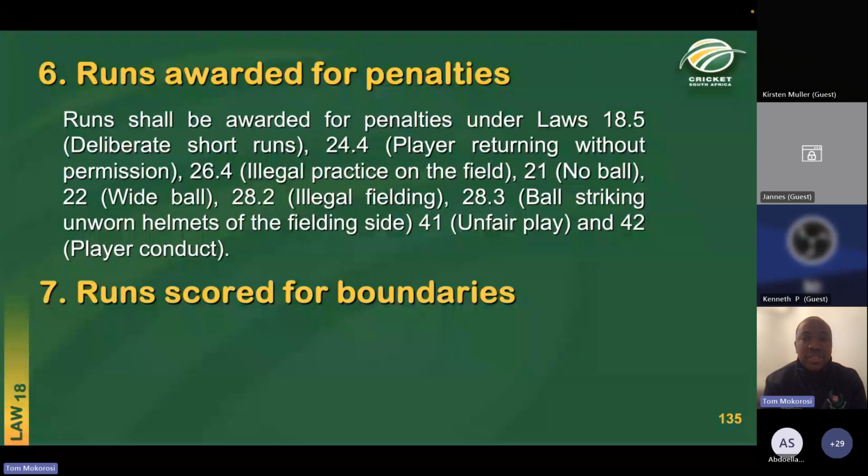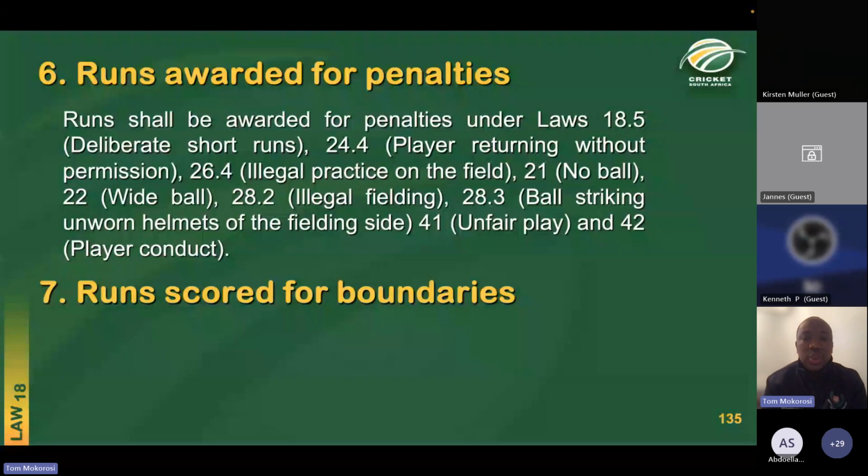And we touched yesterday on the ball hitting a helmet that is being discarded by the fielding side behind the wicketkeeper. That also attracts 5 penalty runs to the batting side. And then in laws 41 and 42, there are all sorts of misdemeanors that players can get up to and do get punished by 5 penalty runs.